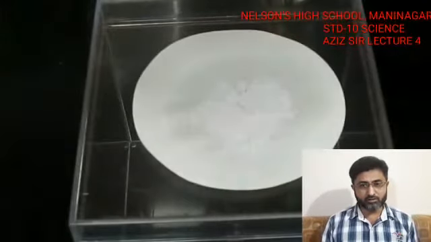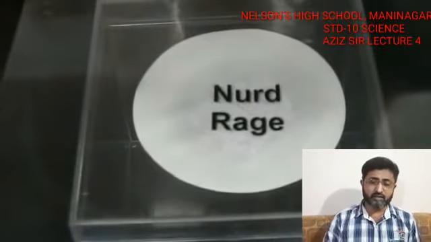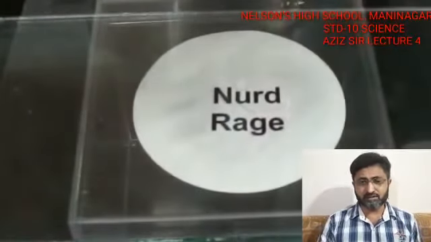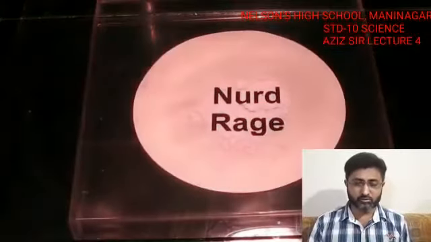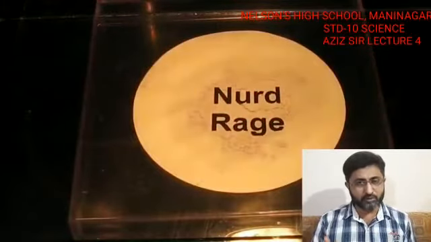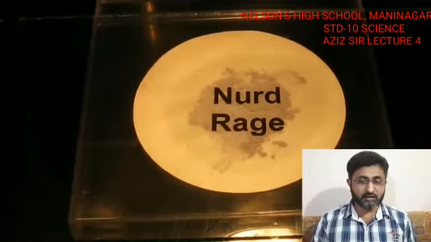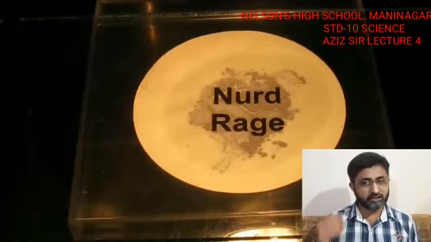Here you are able to see a white color powder of silver chloride, and a glass slide with letters written on it is kept on the silver chloride, and the light is passed from below. When the light is passed, these black color letters are not allowing the light to pass. In the rest of the area you are able to see the light is passing.